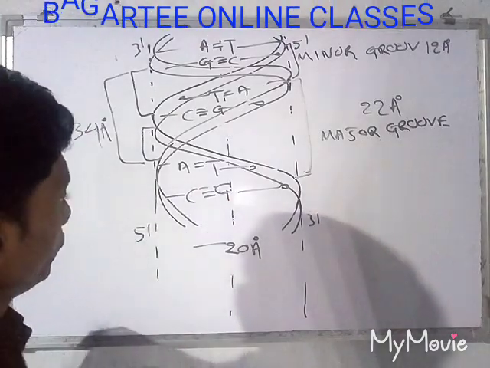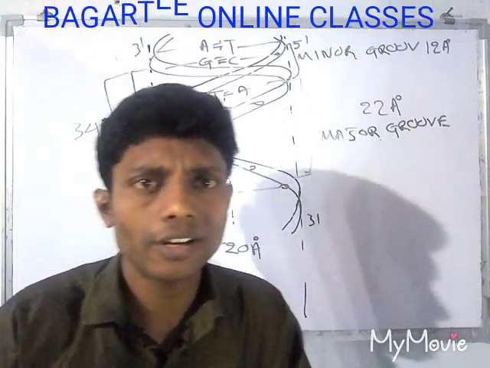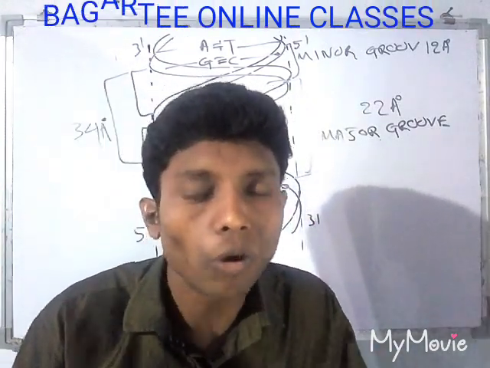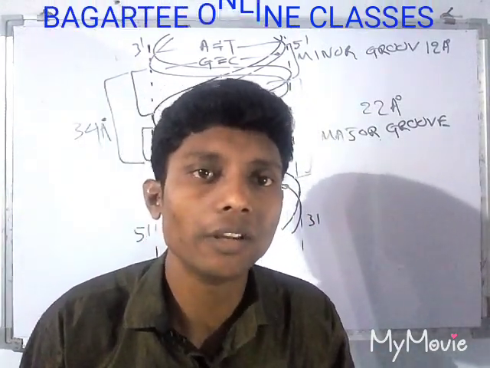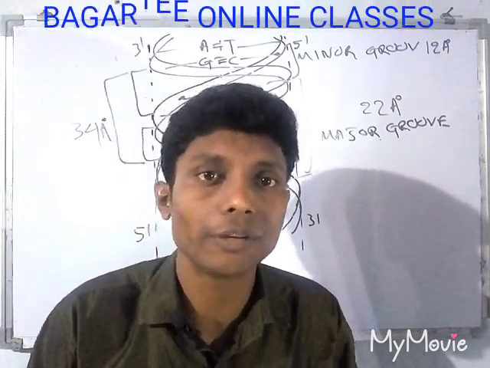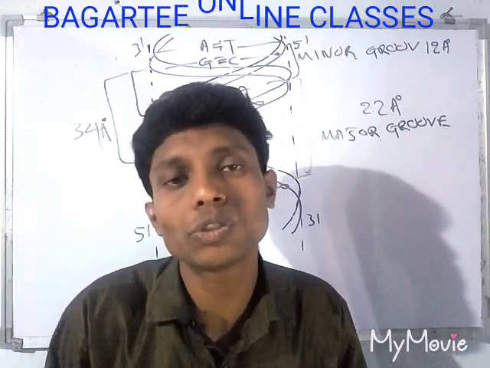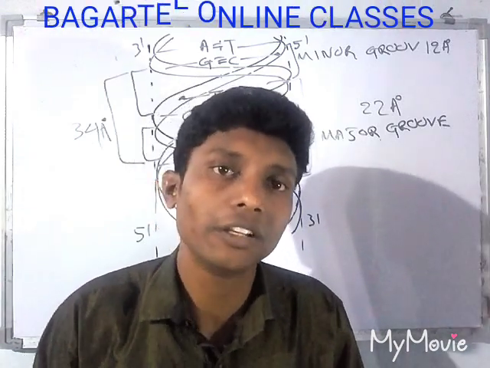Okay, and here adenine is always bonded with thymine by 2 hydrogen bonds, whereas guanine is bonded with cytosine by 3 hydrogen bonds, and this rule is fixed and is called the base pairing rule.